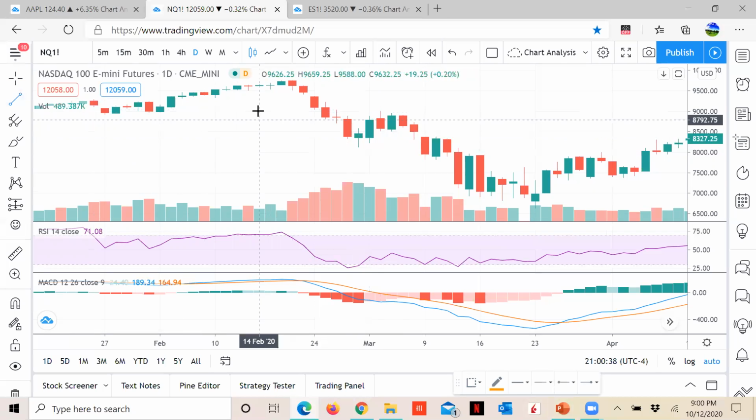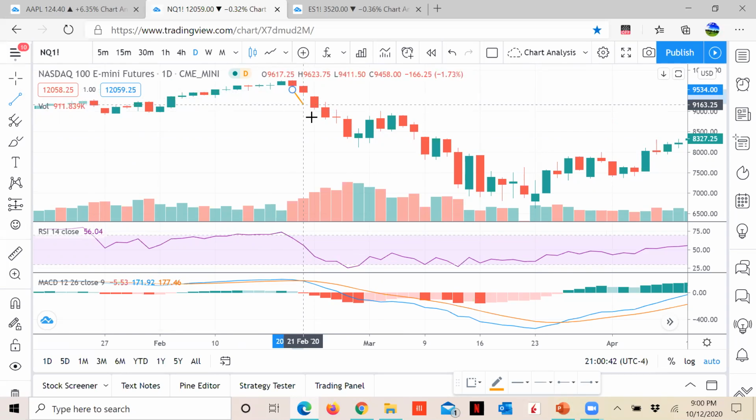So the inverse flag is a bearish pattern. Let's say, drawing this line.